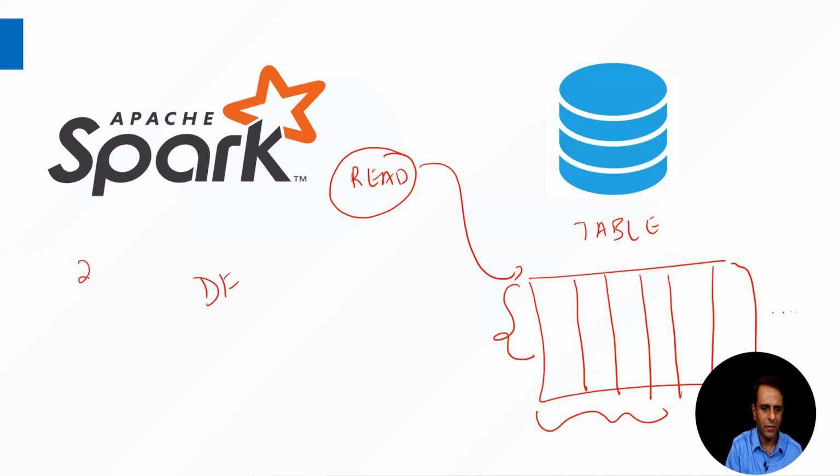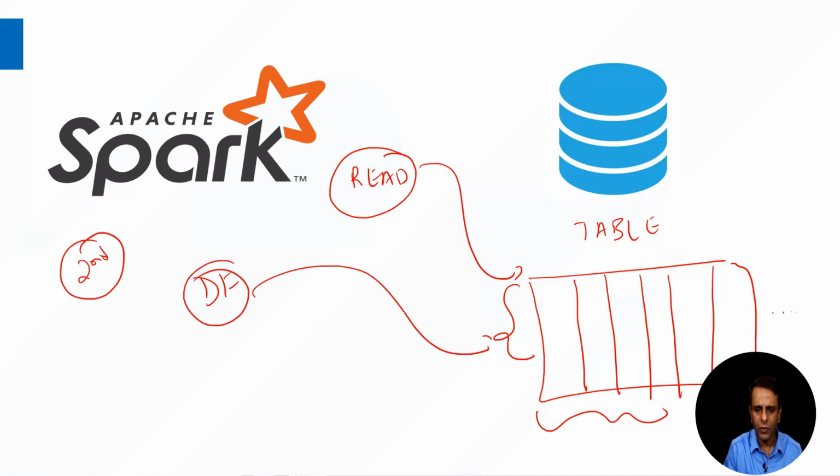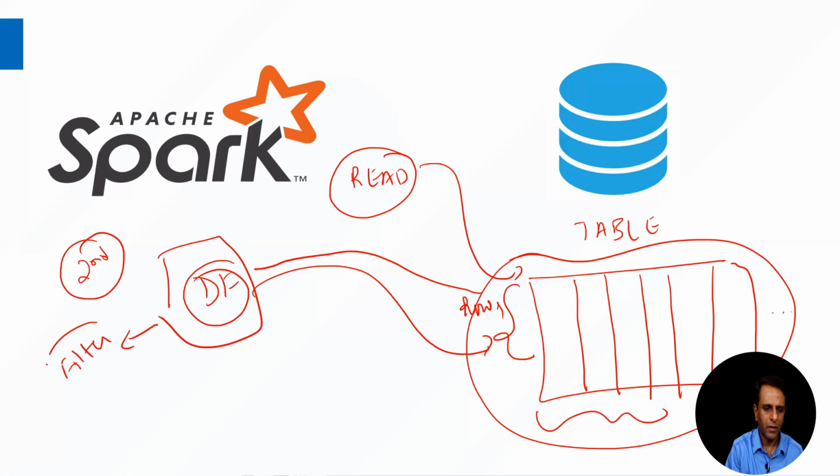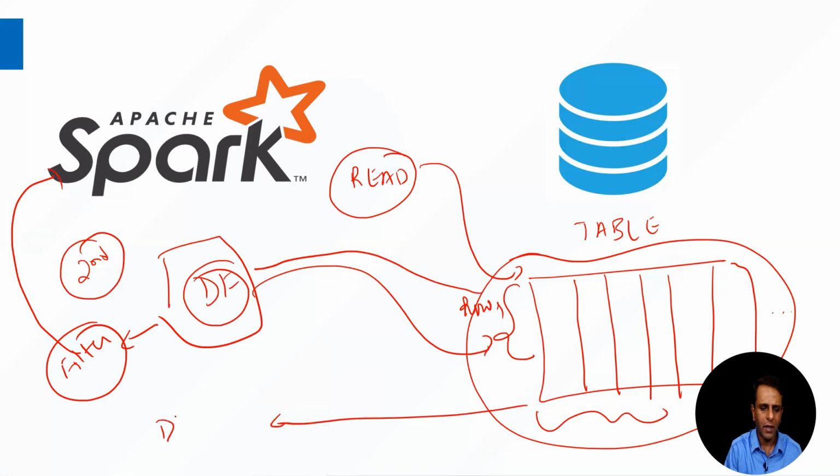In the second case, where Spark wants to read only a few rows and a few columns, what is the most efficient way? Is it reading all the columns and rows into the data frame and filtering on the Spark side, or only reading the relevant rows and columns and then creating the data frame?